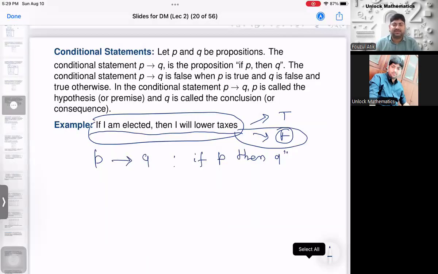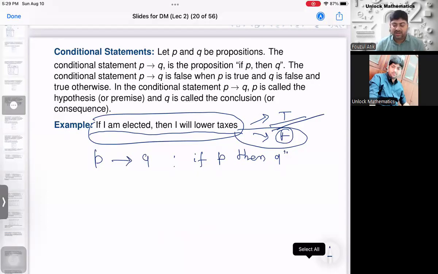In all other cases, you cannot deny the statement, right? In all other cases, you cannot say the statement is false. Then it should be true. So if the politician is not elected, then it is not his or her responsibility to lower your tax. So in that case, the tax may be lowered or may not be lowered, but his actual statement is correct, true.